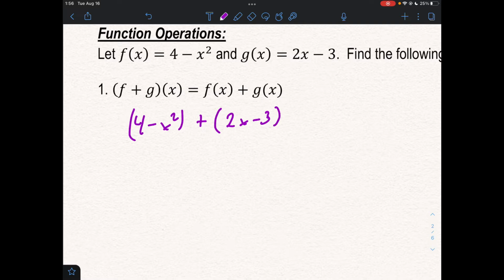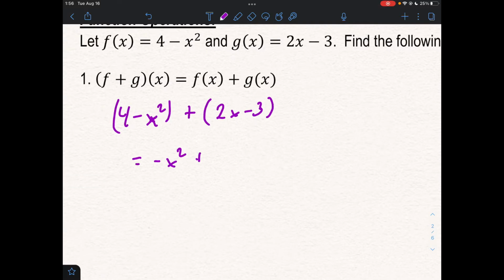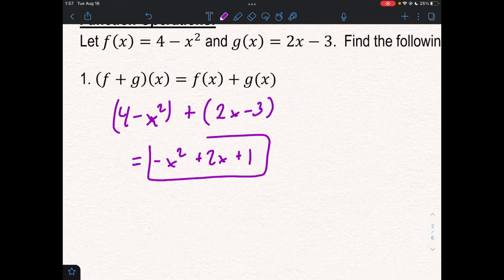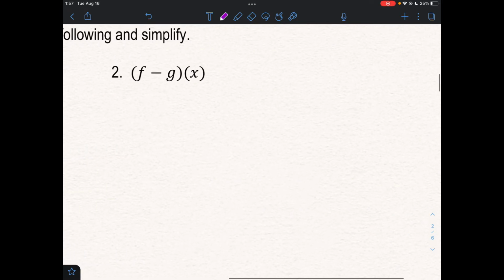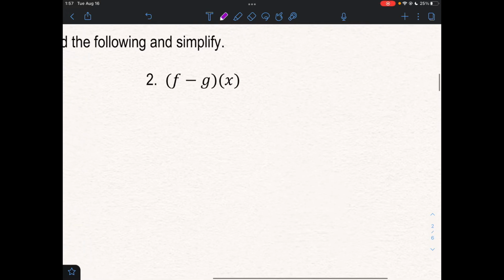And then we're going to combine some like terms if possible and rewrite in descending order, which would then be negative x squared plus 2x, and 4 minus 3 is 1. So negative x squared plus 2x plus 1. Number 2 is f minus g of x, or f of x minus g of x.